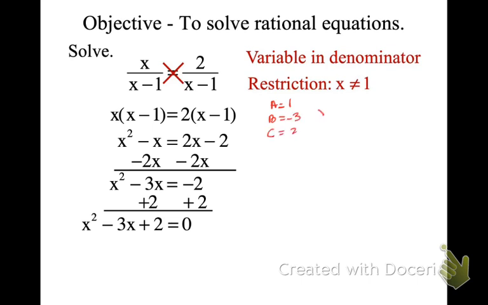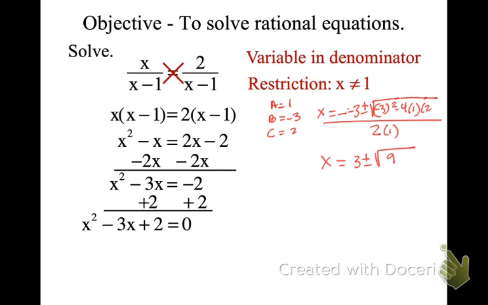So I'm doing x equals -3 plus or minus the square root of -3 squared minus 4 times 1 times 2 all over 2 times 1. So that means x equals 3 plus or minus the square root of 9 minus 8 all over 2. So it's 3 plus or minus the square root of 1 over 2.